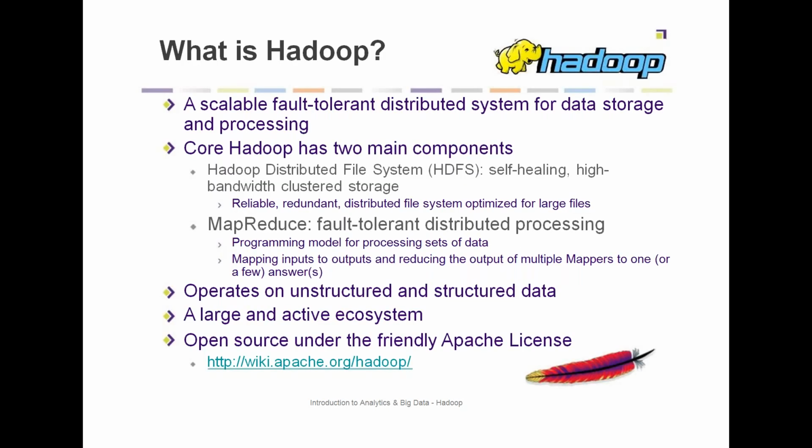So what is Hadoop? It's a scalable, fault tolerant, data storage and processing system. It's self-healing, has high bandwidth and clustered storage. Self-healing is because Zookeeper sees if a node is down, it keeps on getting the pulse.